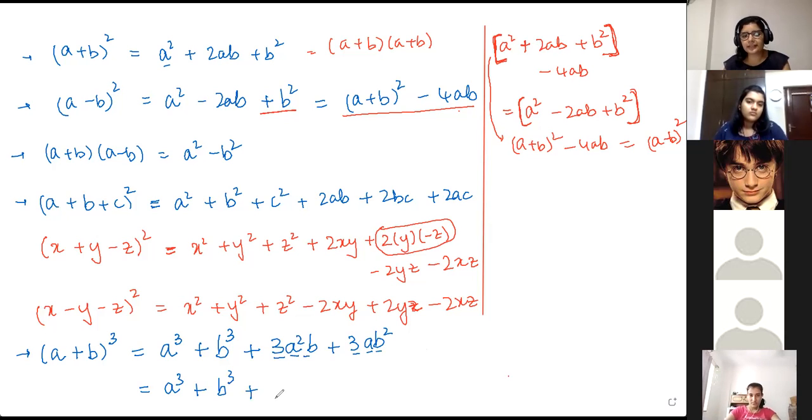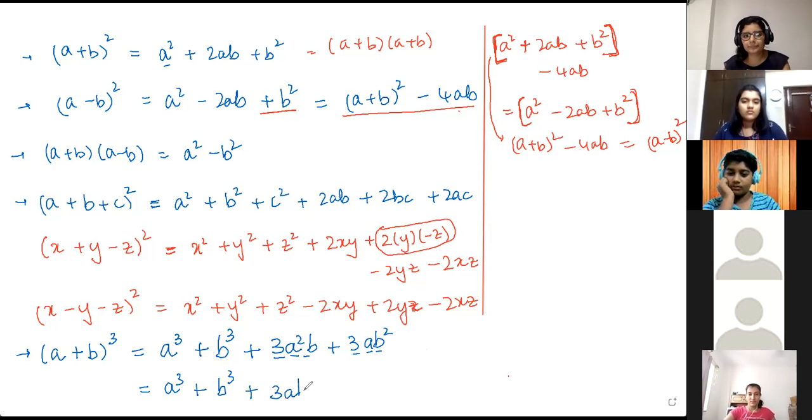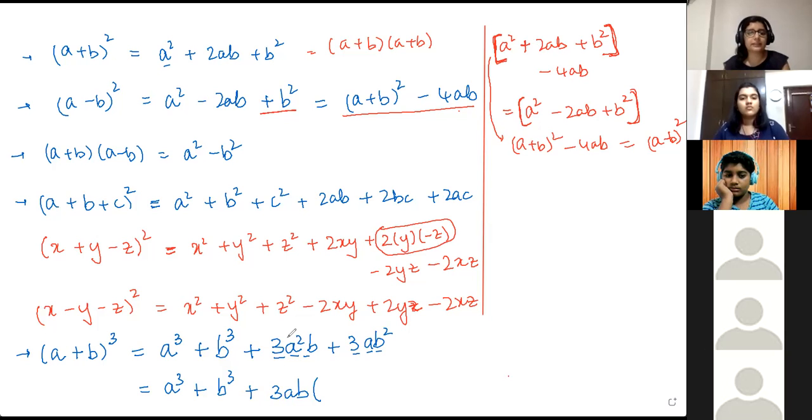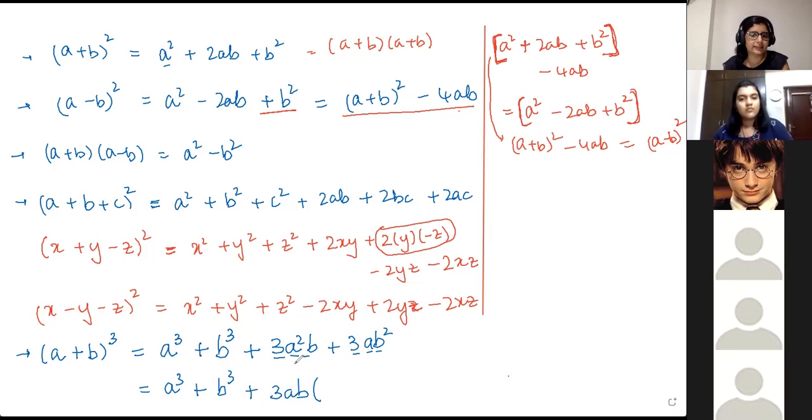So if I take 3AB common from both of these, what will remain? A plus B. यहाँ पे A square में से एक A निकाल दिया, so the other A will remain, and यहाँ पे B square में से एक B निकाल दिया, so the other B will remain. 3AB into A plus B.